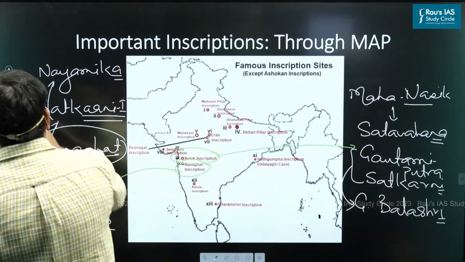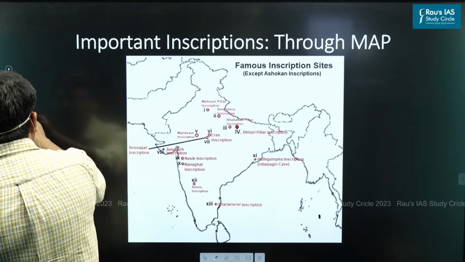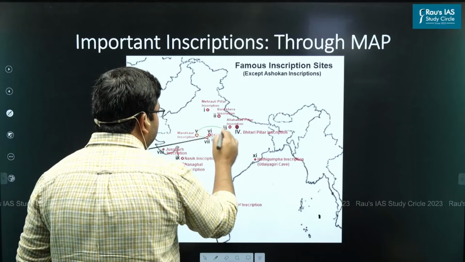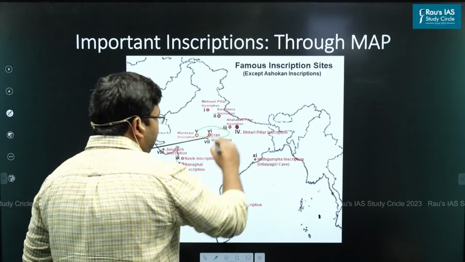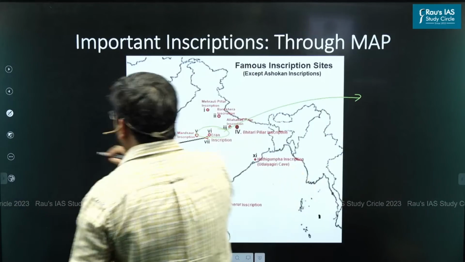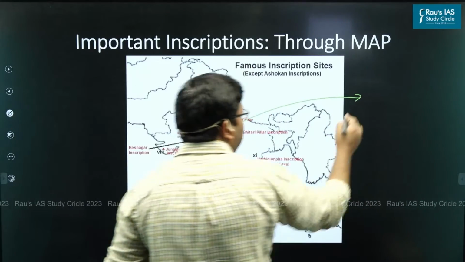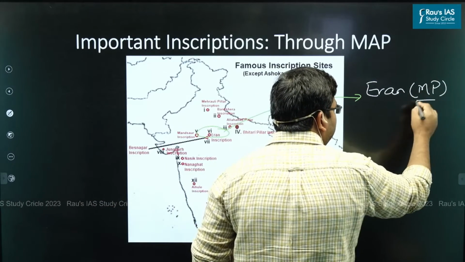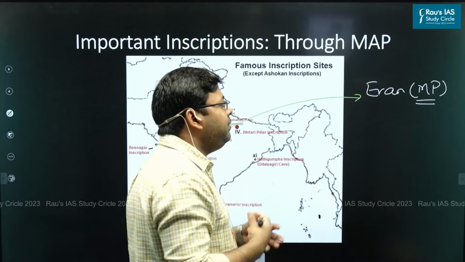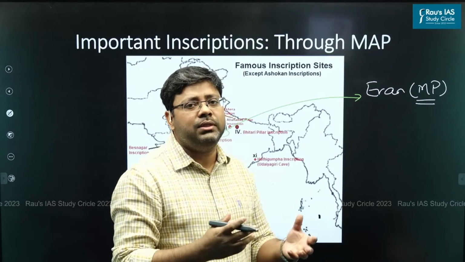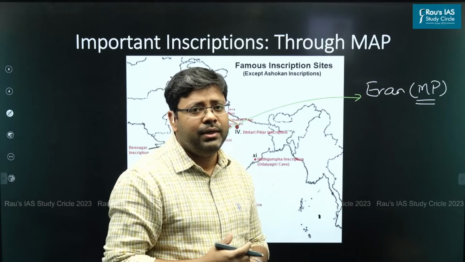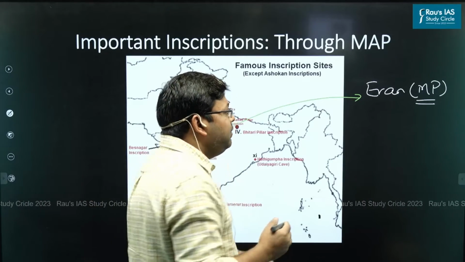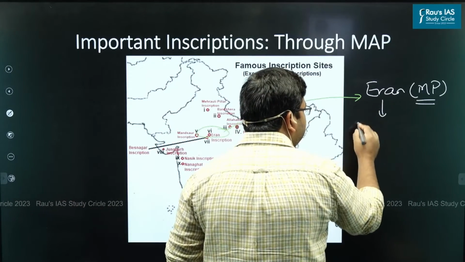Again, if we talk about another important piece of information, the famous Eran inscription. Eran is a place in MP. Now remember, when we talk about the Eran inscription, we have found so many rulers, achievements and inscriptions from Eran. But the most important thing that we should know for the exam is the Eran inscription of Bhanugupt.